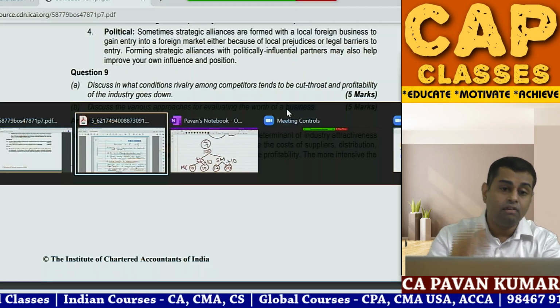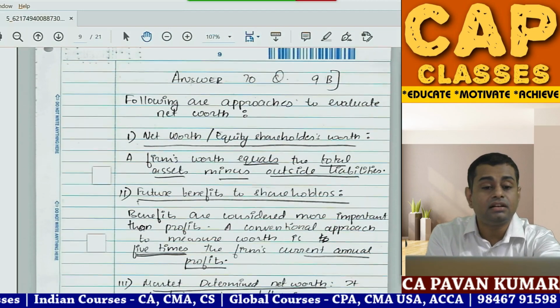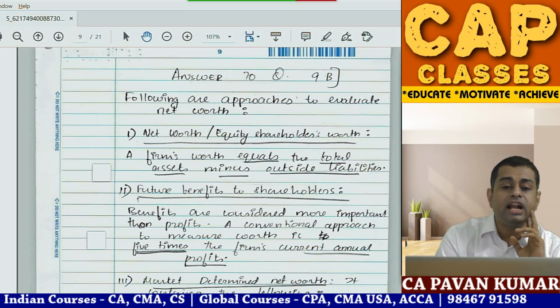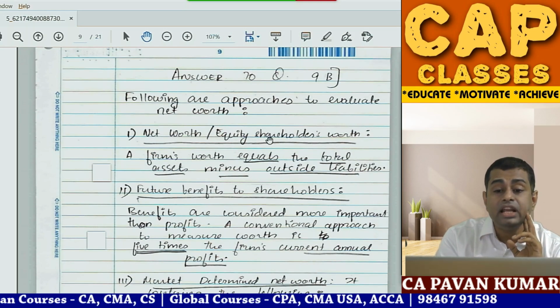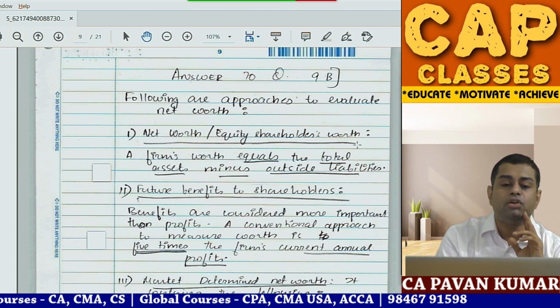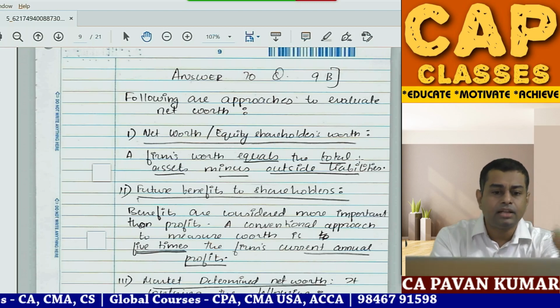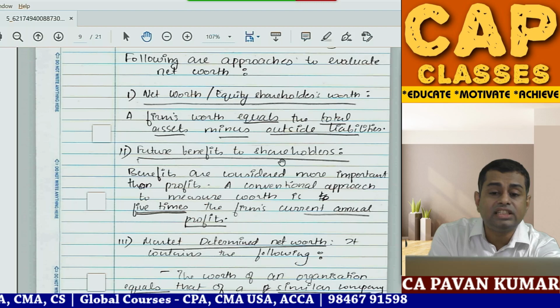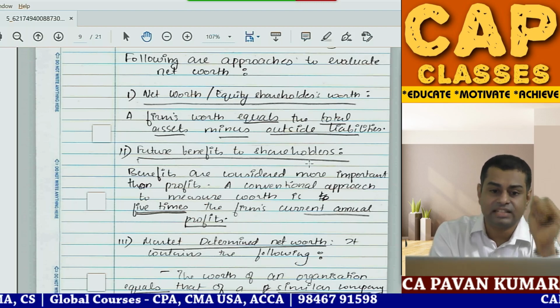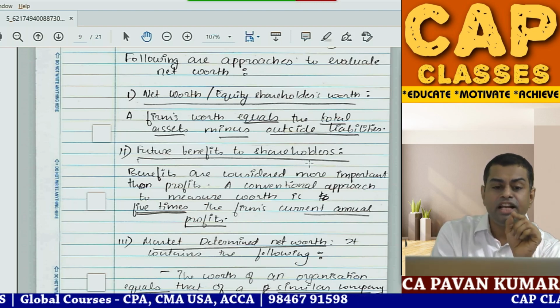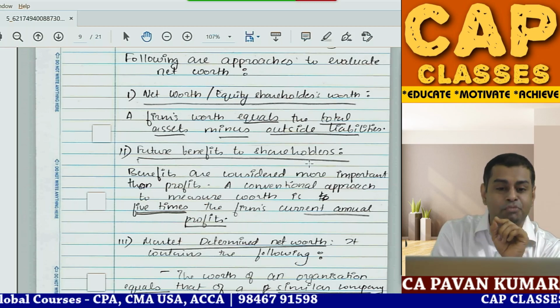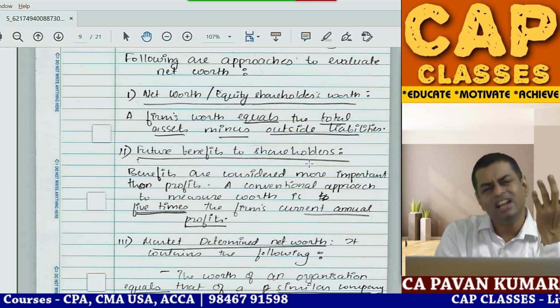Now let us see how our Bhaiya has written the answer. Following are approaches to evaluate net worth. 1. Net worth or equity shareholders' worth. Super, general answer. Firm's worth equals total assets minus outside liabilities. This is net assets. Actually, he should have written net assets model, he wrote net worth. Still it is okay.